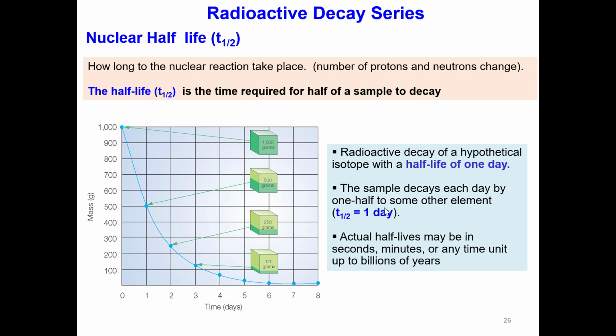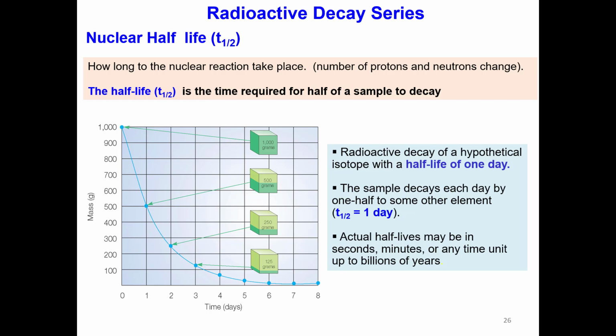because the half-life of this material is 1 day, then what happens after 1 day? We expect half of the sample, so we expect 500 grams. After another day, we expect half of the sample, which will be 250 grams. And after another day, we expect 125 grams.